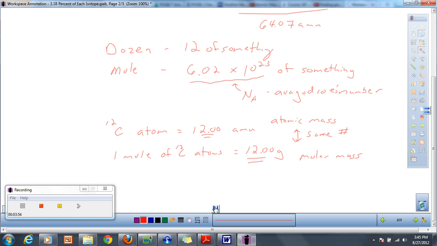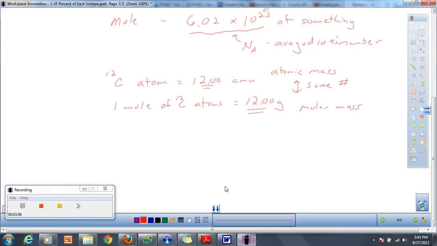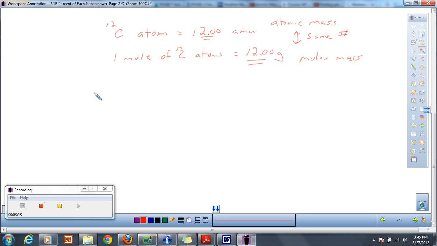Okay, so knowing that, we can actually start doing some conversions. So here's a problem. How many grams of potassium are there in 0.243 moles of potassium? Okay, so in order to do this, we need to use dimensional analysis again.